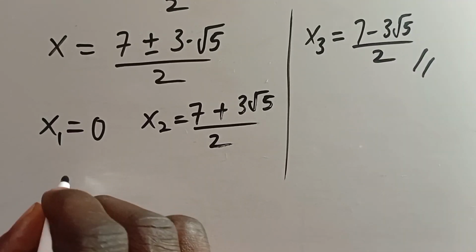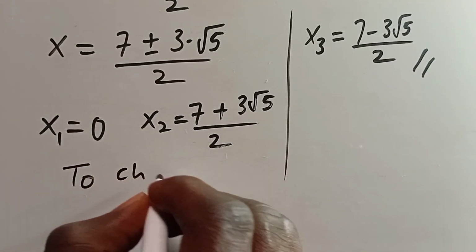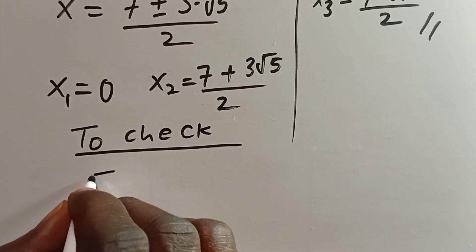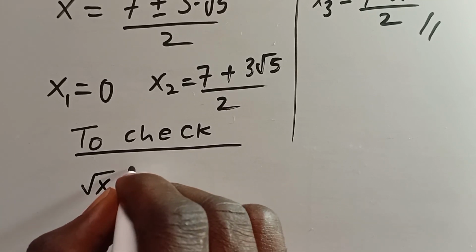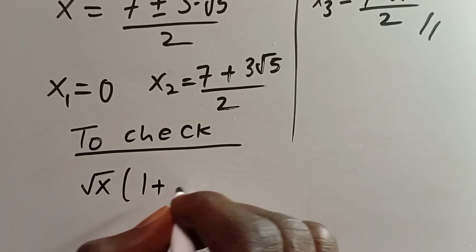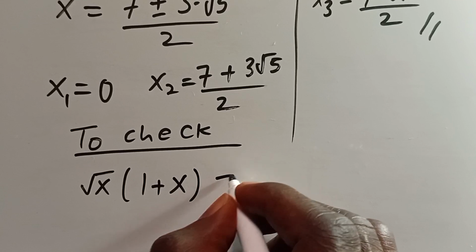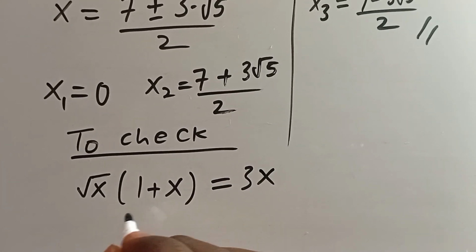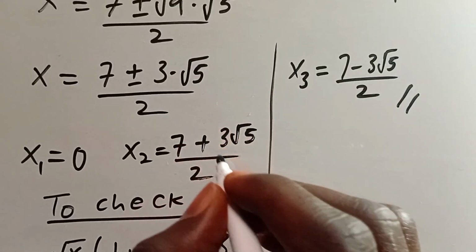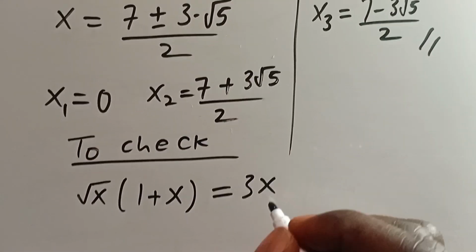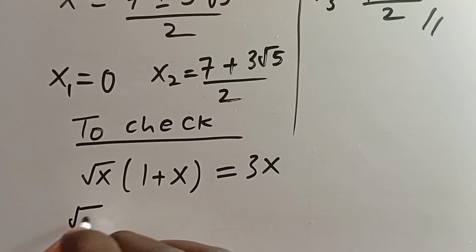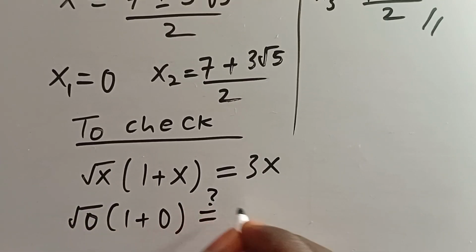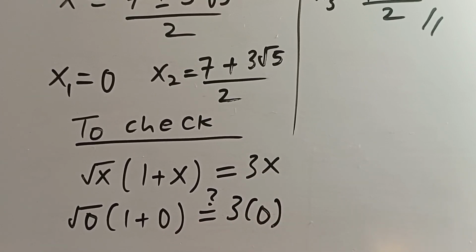So now to check, recall that we have root x multiplied by 1 plus x equals 3x. Then when x equals 0, which is from x1, what we are going to have from here will be root of 0 multiplied by 1 plus 0, and it's going to give us the same thing as 3 multiplied by 0.